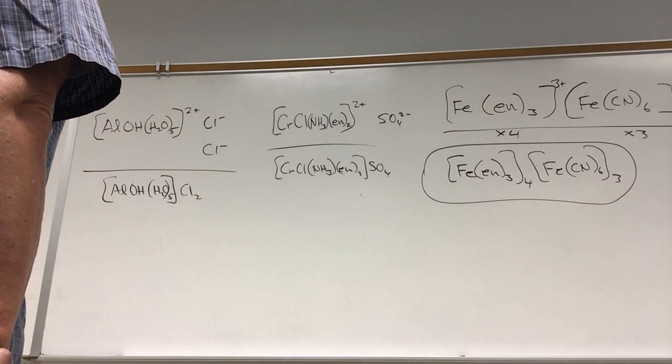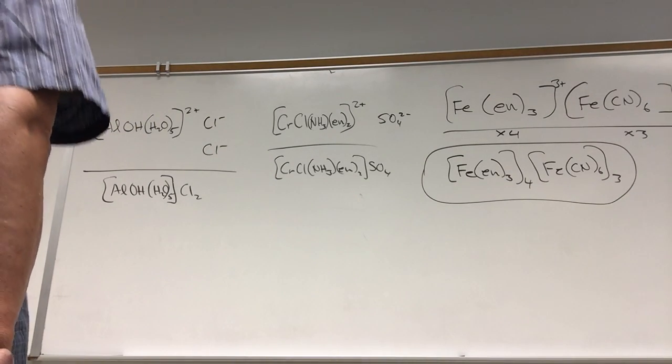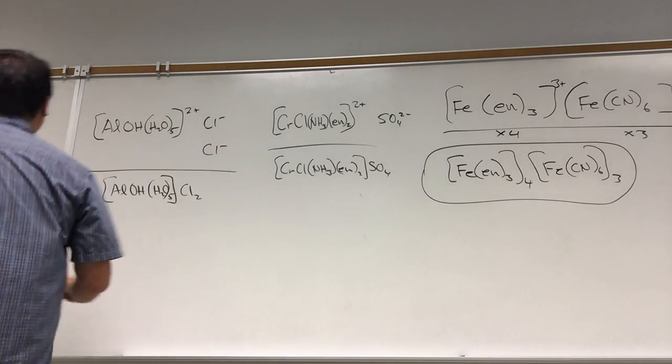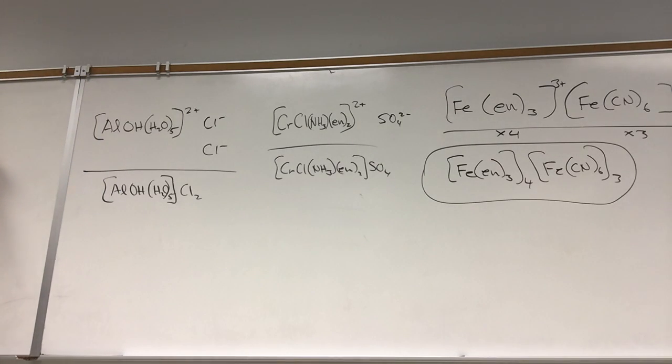For thiosulfate, what's the charge on that? Okay, for thiosulfate, if you take a sulfate like this, SO4 2 minus, and then you decide, I'm going to replace one of these oxygens with a sulfur.